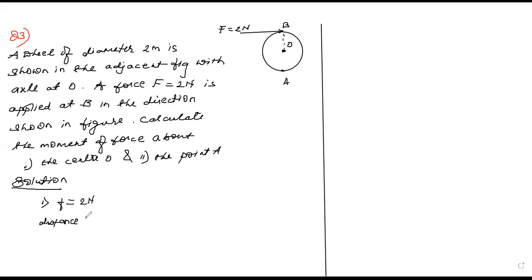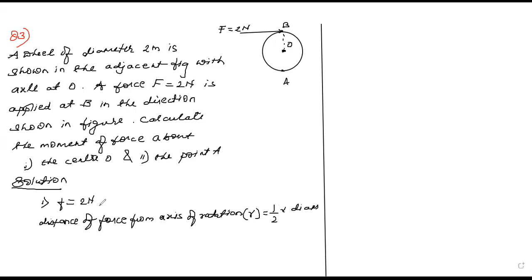Distance of force from axis of rotation. Purposely to make you understand, I'm writing the whole thing. It's R actually, the radius of the wheel, which will be half into diameter.